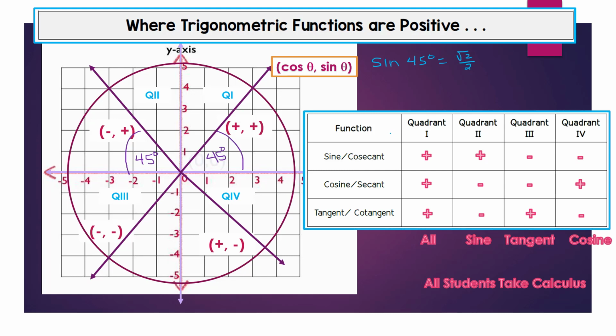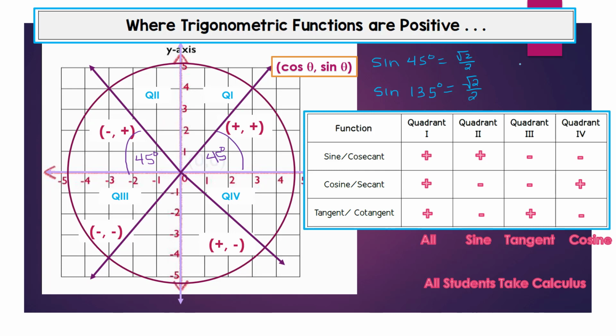So who has a reference angle of 45 degrees? Hopefully you're thinking 135 degrees. So sine of 135 degrees is also going to be the square root of 2 over 2. Why? They have the same reference angle, and in quadrant 2, I know that sine is positive.